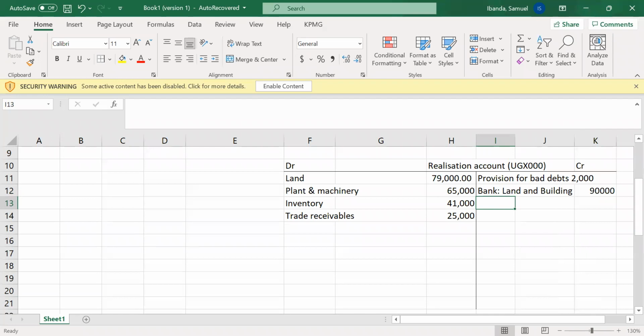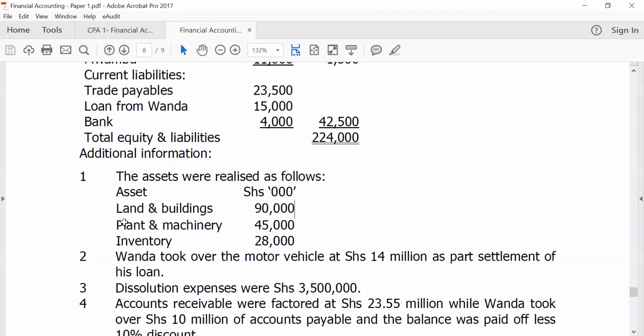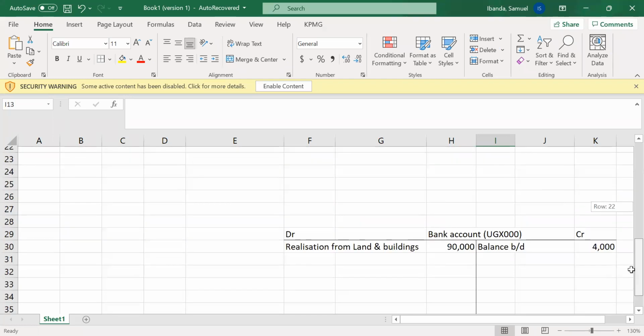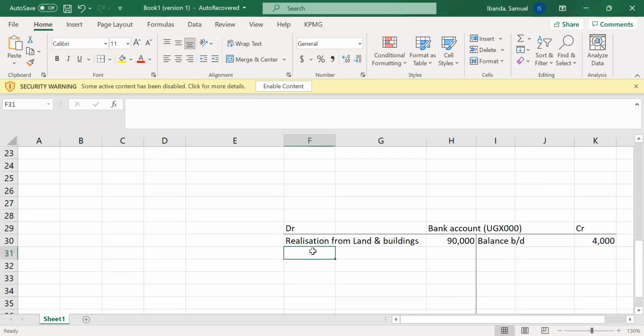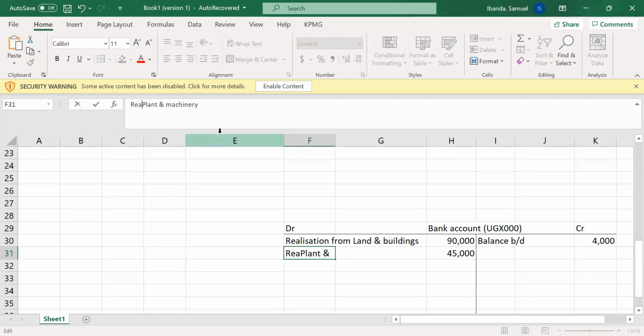So you do the same thing for plant and machinery. When you look at the question, plant and machinery was realized at 45. So you just come here, put plant and machinery, put 45 here and say realization.